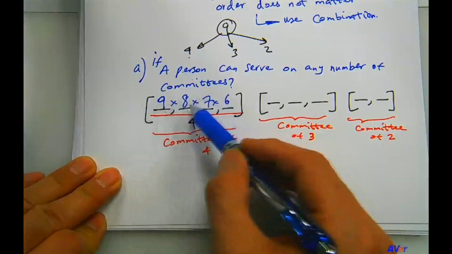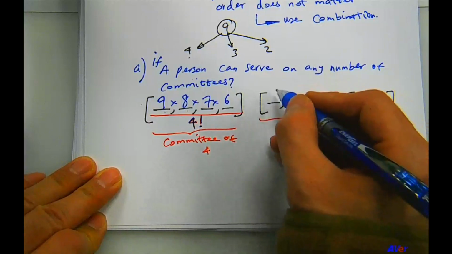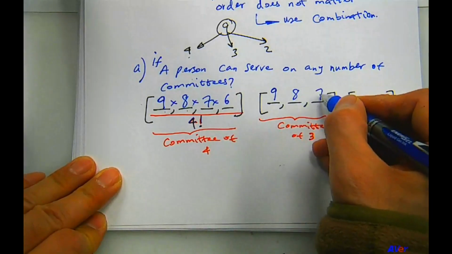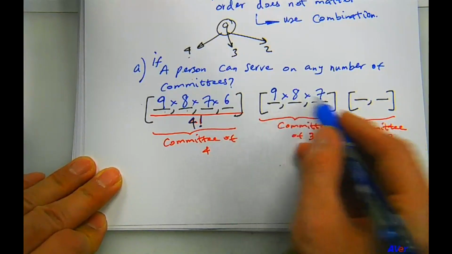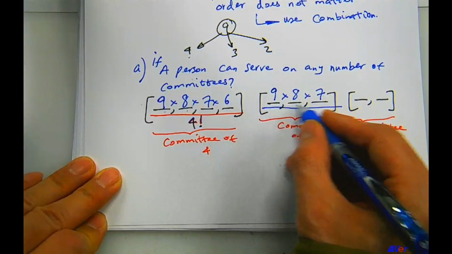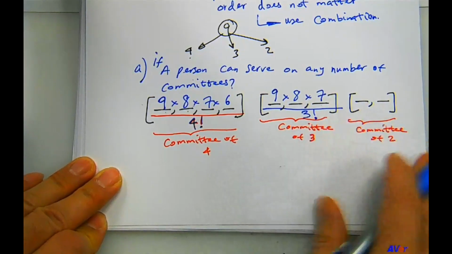So these people are free to serve on this committee. So once again, we have 9 people to choose that spot, and then 8, and then 7. So again, we multiply these by the multiplication principle. Don't leave it like that. Divide that by the number of positions you're filling, factorial. So 3 factorial.